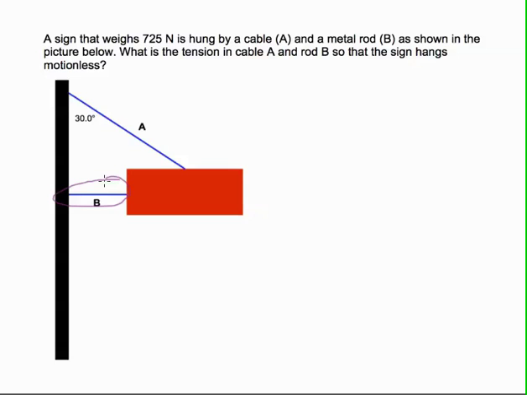It's transmitting all of the force with no loss. So even though it's not technically a rope or a cable, we can still, for this situation, count it as a tension force. So the first step is always to draw our free body diagram. And here's my sign. And our problem tells us that the force due to gravity is 725 newtons.